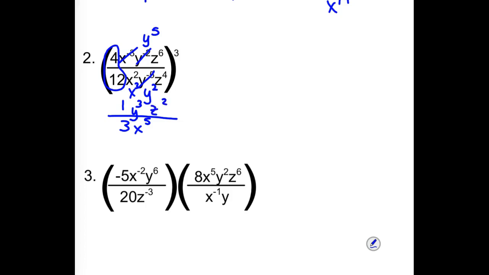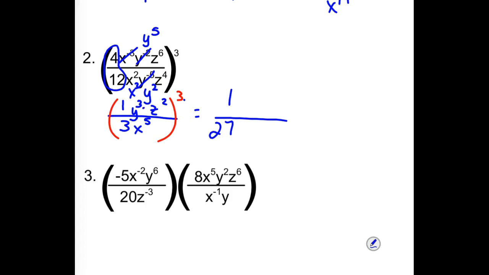All right, now I can take that and cube it. So what do we get if we take 1 and cube it? 1. Take 3 on the bottom and cube it. 27. All right, so we've dealt with our coefficients. Now, we have a y cubed to the 3rd power.